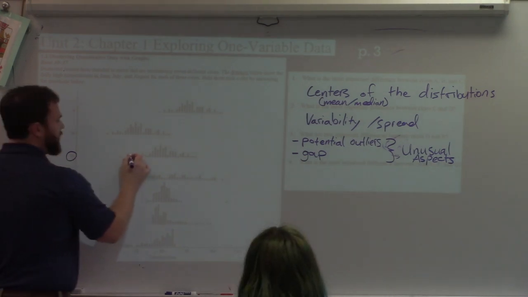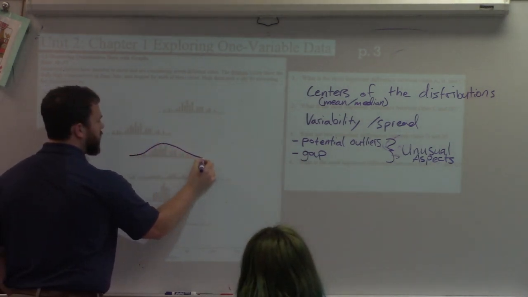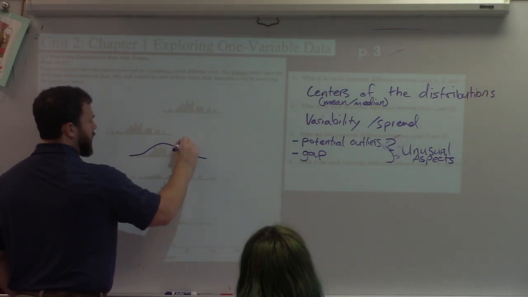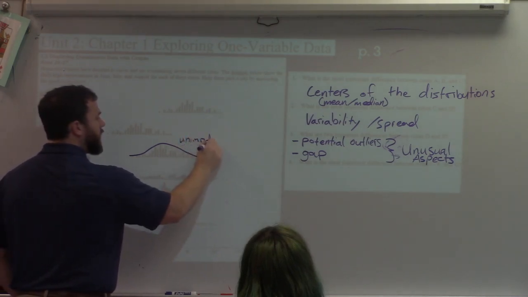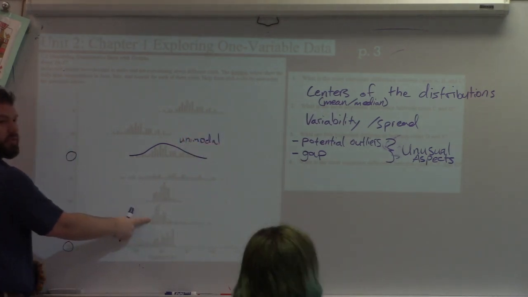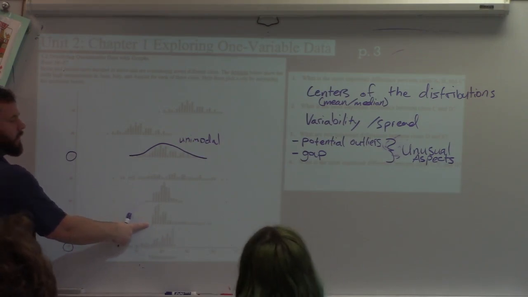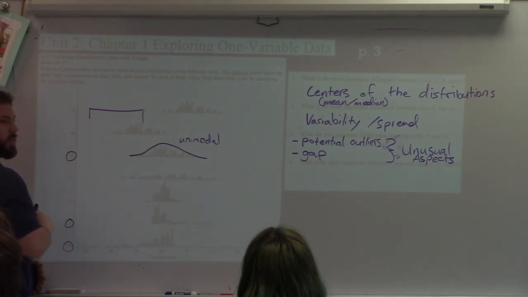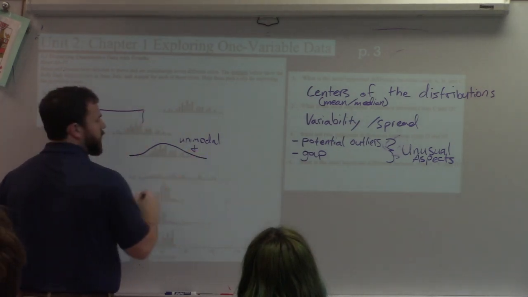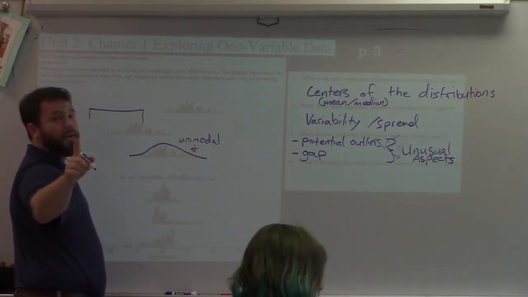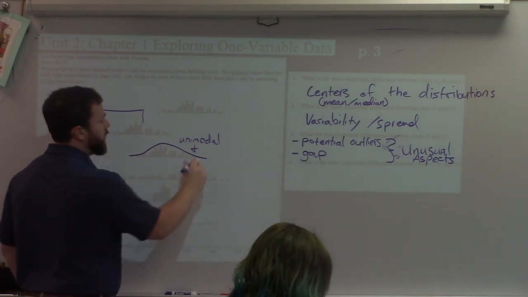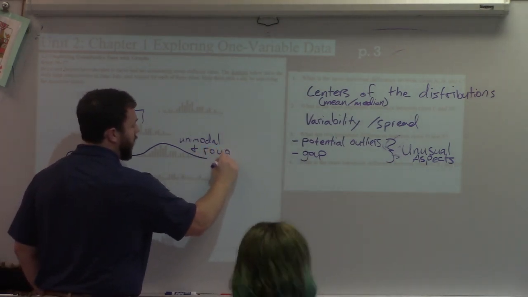So first off, what's C if it's not skewed? It is unimodal, but look again at these. Are these unimodal? Uniform? No, uniform means it's the same all the way across. What does it start with? Symmetric. Thank you. However, in statistics we won't actually say symmetric, we will say roughly or approximately symmetric.